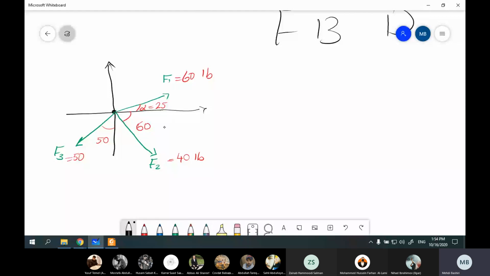So for F1, this is F1. F1 is 60 pound and the angle is 25.